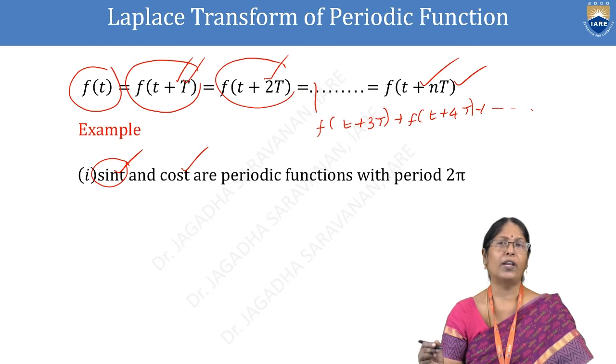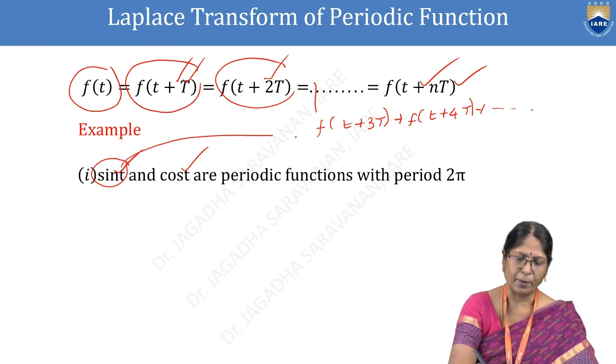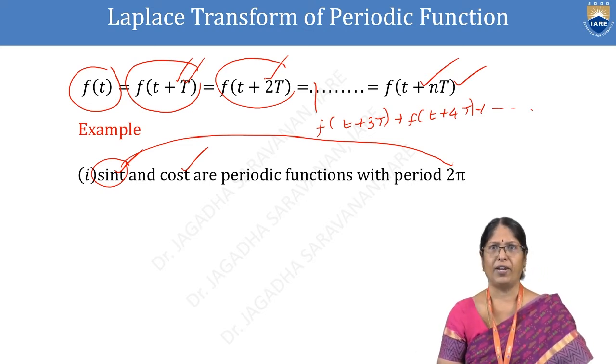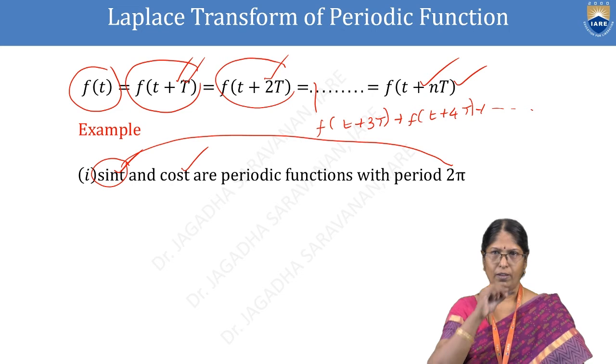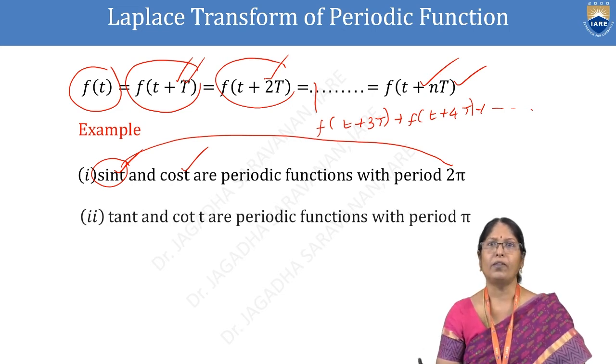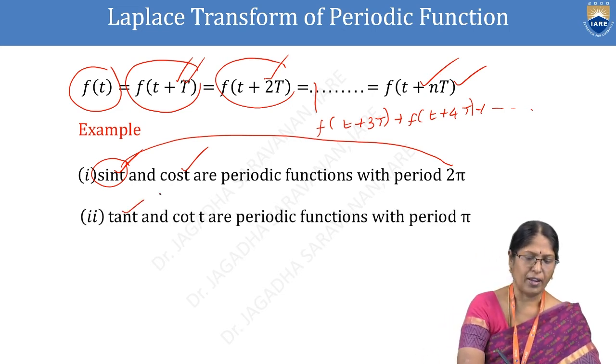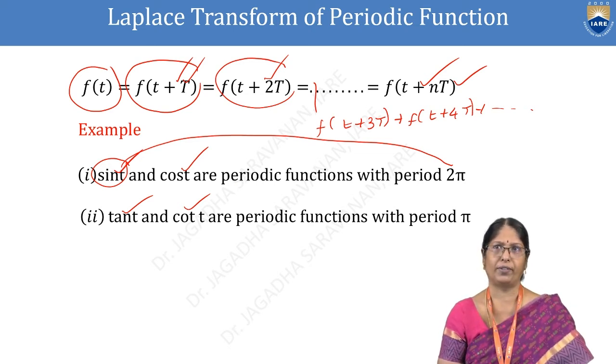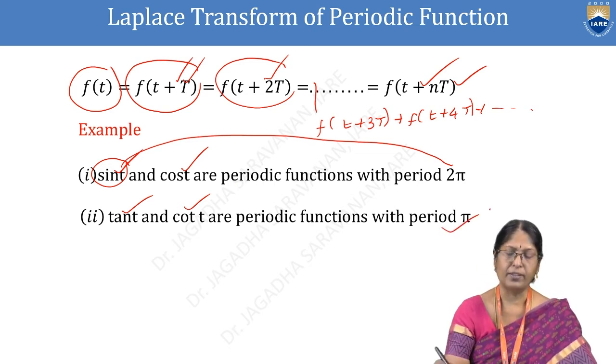In that function, what is the period? For sin x, the period is 2 pi, which we will see in detail. Tan t and cot t, other trigonometric functions, have period pi.